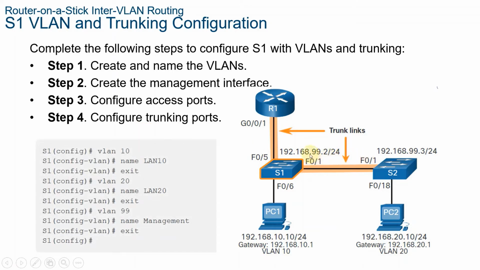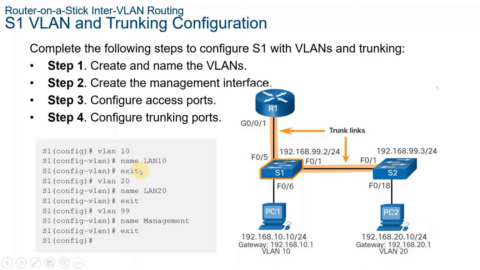Alright, so let's start with step 1 here. Create and name the VLANs. First, the VLANs are created and named. From the previous video lecture, we've talked about VLANs, how to create VLANs and how to name them. VLANs are only created after you exit out of VLAN subconfiguration mode.